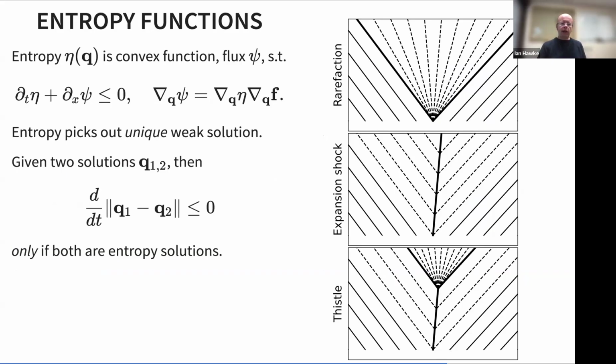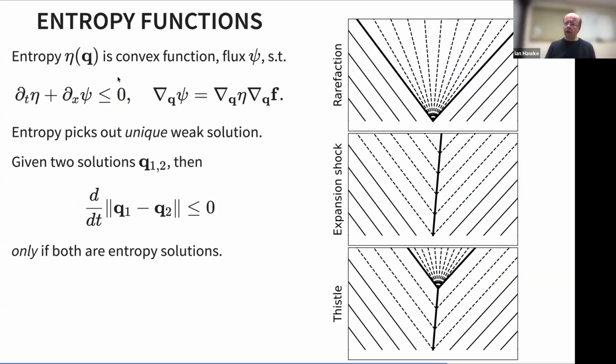Just briefly on entropy functions, when I talk about entropy functions, what I mean is a convex function of the state vector that is consistent with the equations of motion. For example, consistent with the balance law in this form. What this does is it guarantees that the entropy is non-increasing.